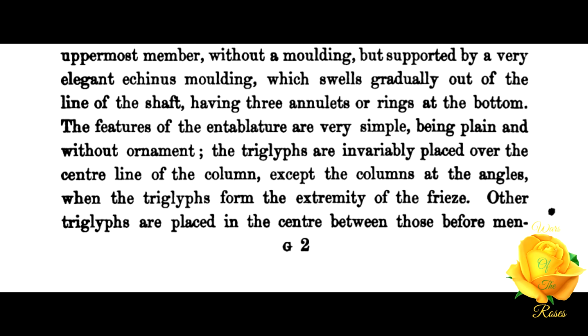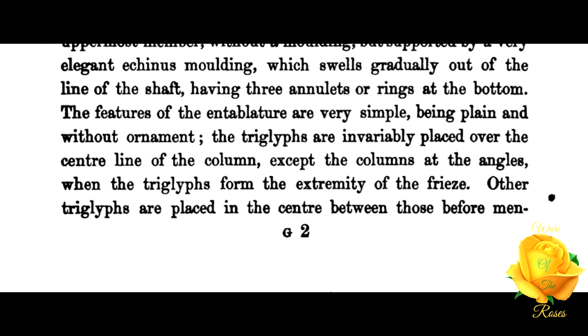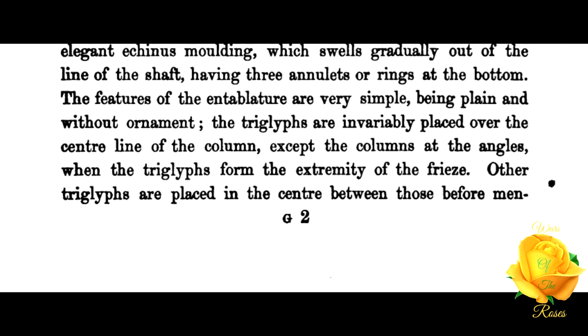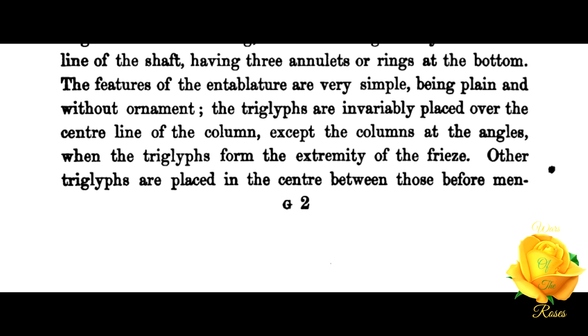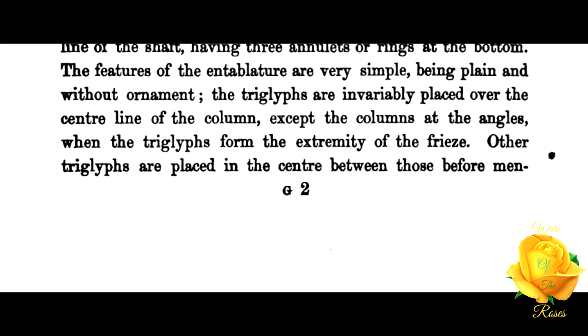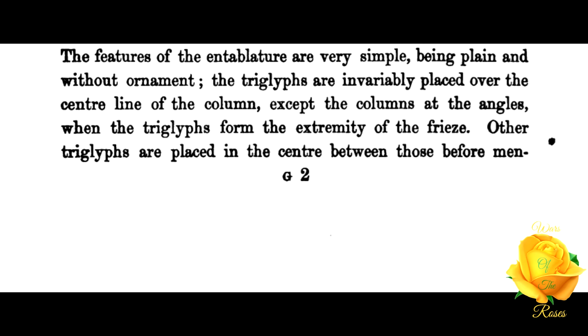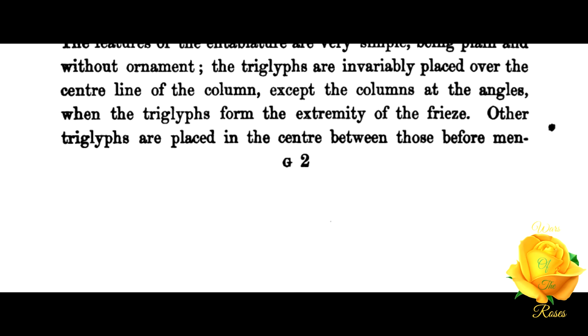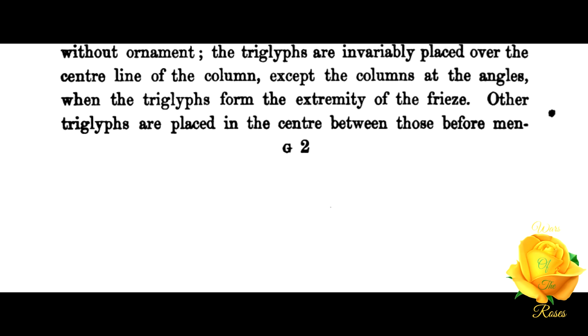The features of the entablature are very simple, being plain and without ornament. The triglyphs are invariably placed over the center line of the column, except the columns at the angles, when the triglyphs form the extremity of the frieze. Other triglyphs are placed in the center between those before mentioned.